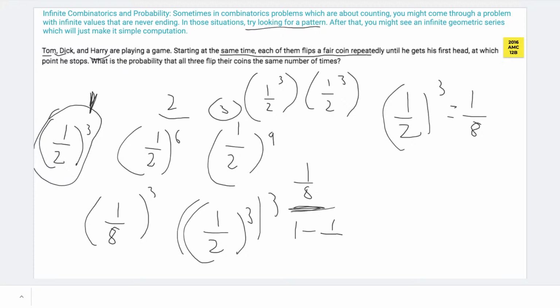This is 1 over 8 divided by 7 over 8. If you compute this, the 8's cancel out, and you just get 1 over 7, which is the probability we found using the infinite geometric series. This shows that those algebraic concepts apply even in combinations and probability, which makes algebra the base of competition math.